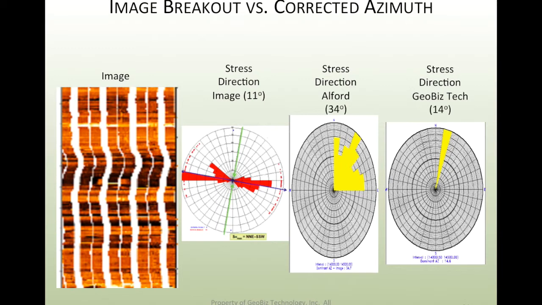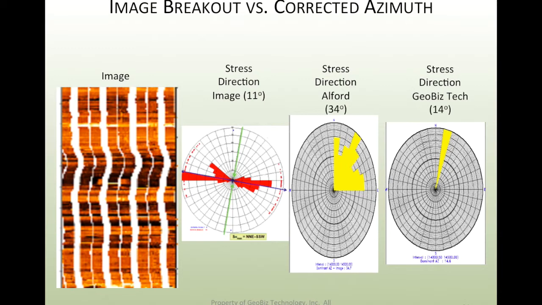So we used the image breakout as a baseline to compare whether our stress direction was correct or not. The original azimuth that was calculated using an Alford-based azimuth calculation was 34 degrees, and we recalculated that as well and got the same thing, 34 degrees, which is quite different and quite a ways off from the 11-degree stress direction from the image.